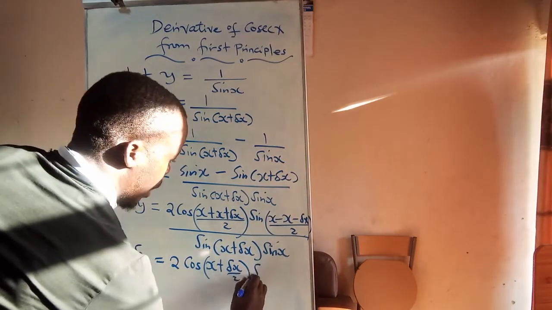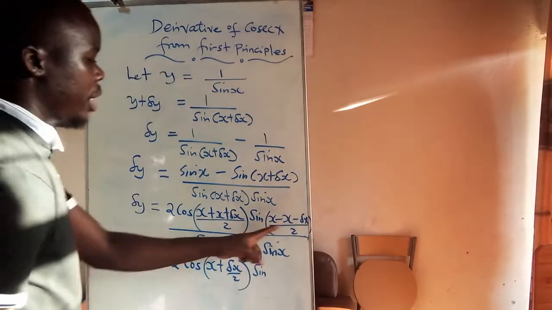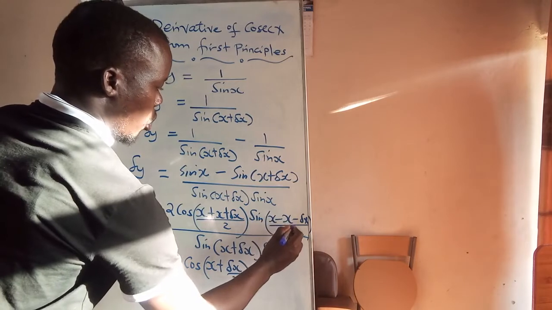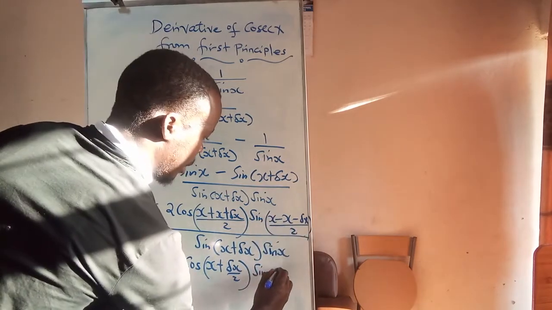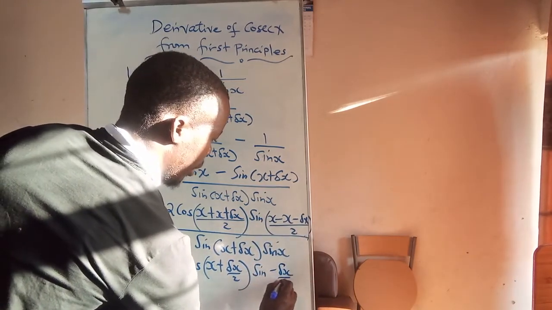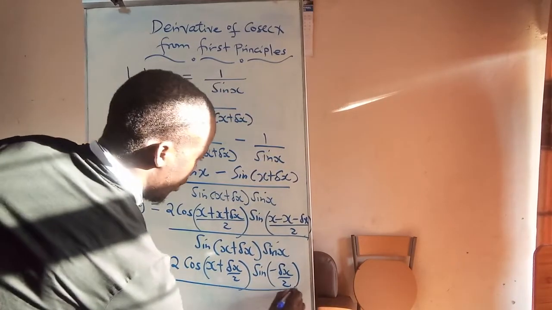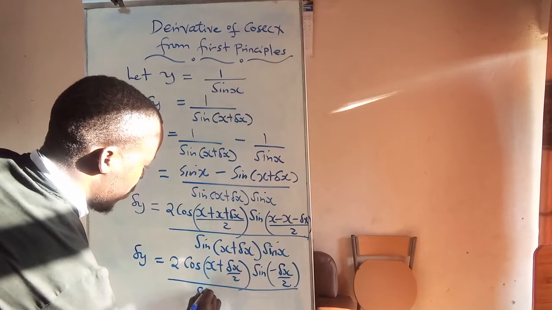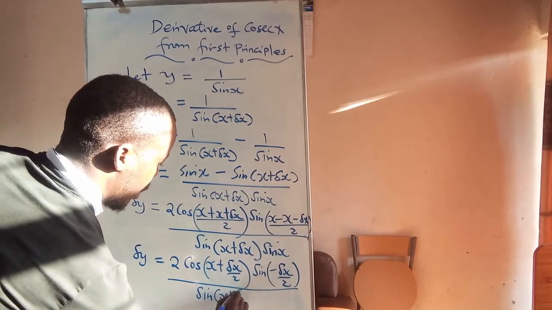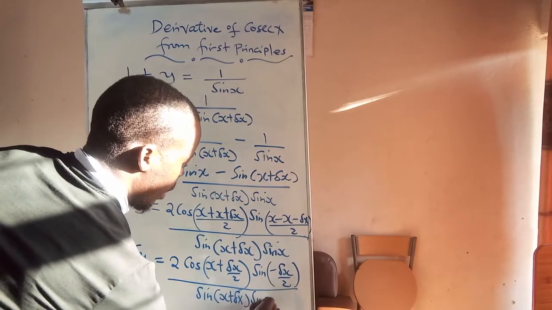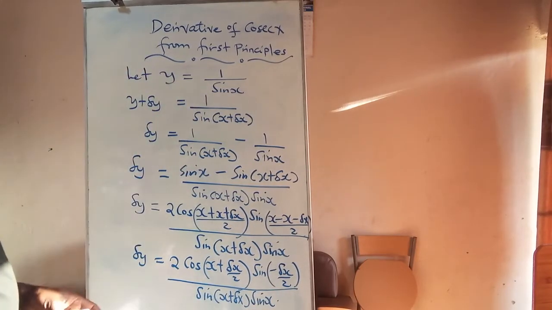Then we have sine of x minus x, which will give us 0 because x and x cancel. Then we have minus delta x, but divided by 2. All this we are dividing by sine of x plus delta x, then sine x.